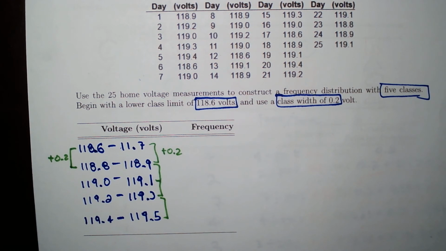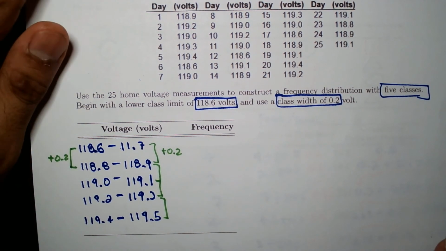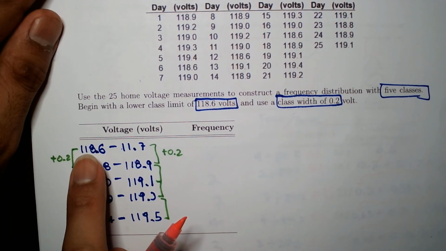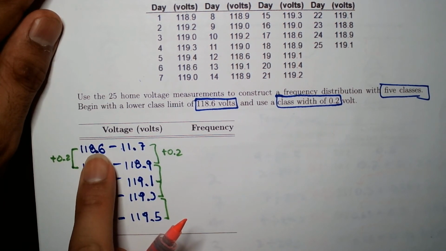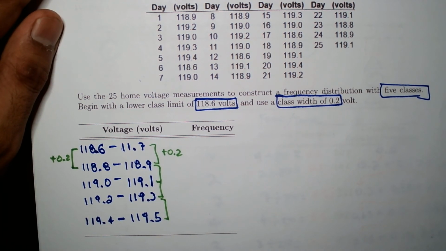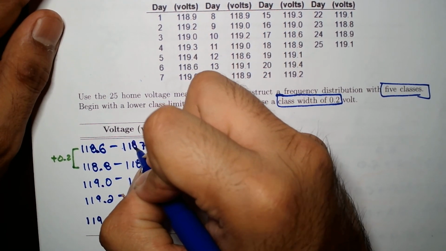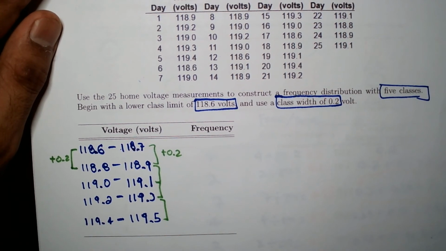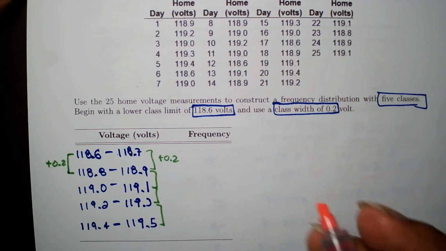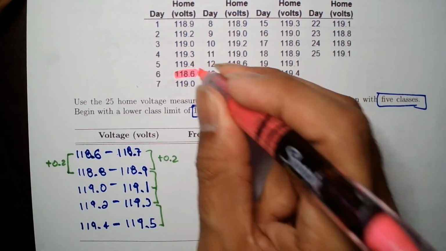And then all we do is simply count the frequencies. For example, in this case, all the observations that are 118.6 to 118.7. Okay, let's look for all of them. 118.6, I'm going to highlight them.